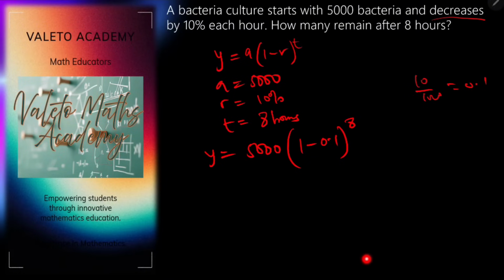Okay, so 1 minus 0.1 is 0.9 raised to power 8 times 5,000. And 0.9 raised to power 8 should be giving us 0.430, about that.